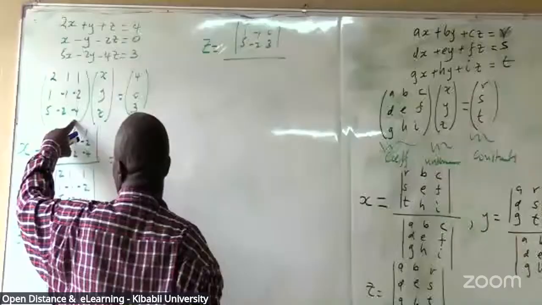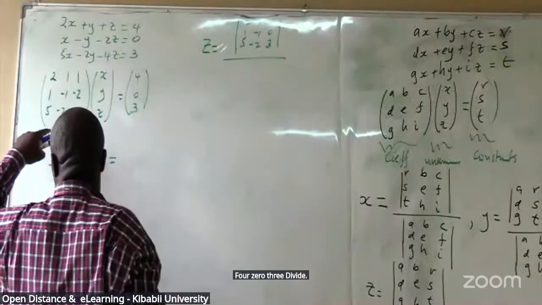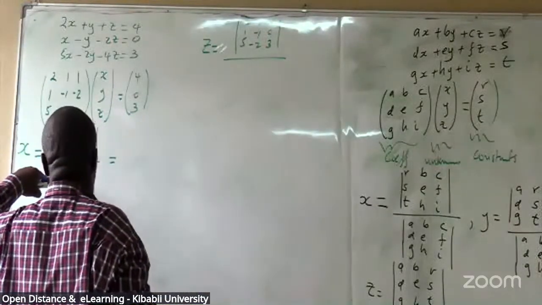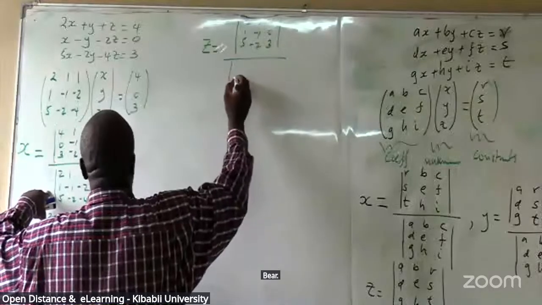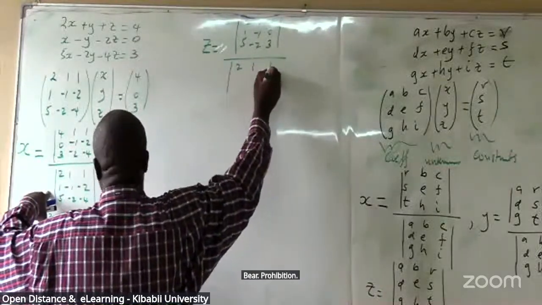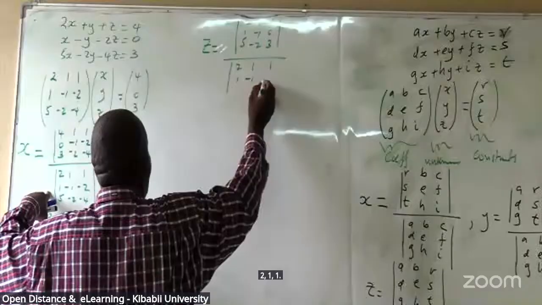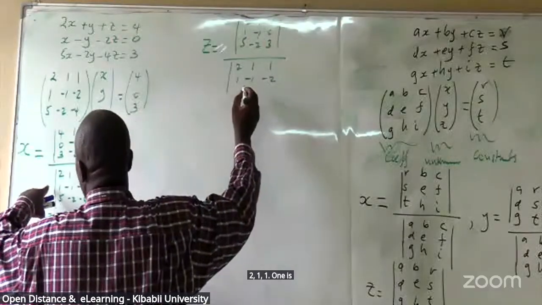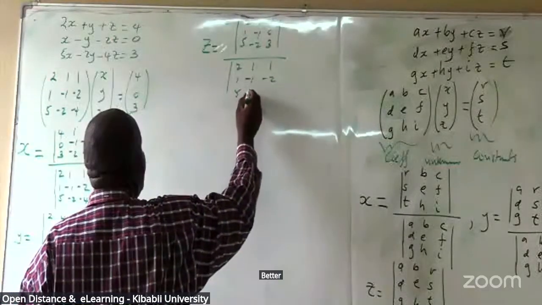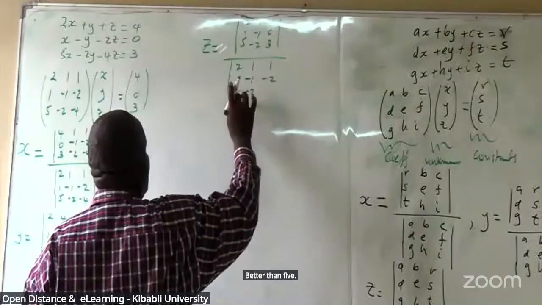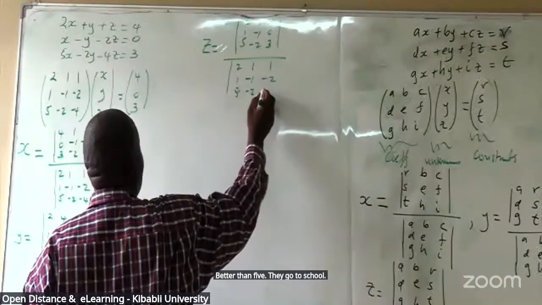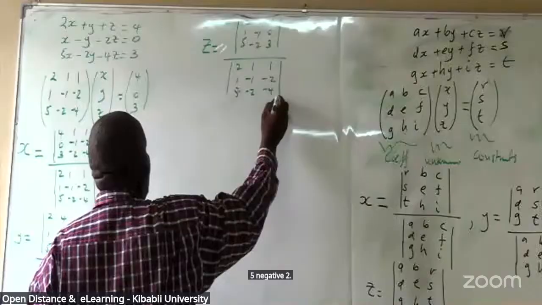Divide by the coefficient determinant 2, 1, 1, 1, negative 1, negative 2, then 5, negative 2, negative 4.